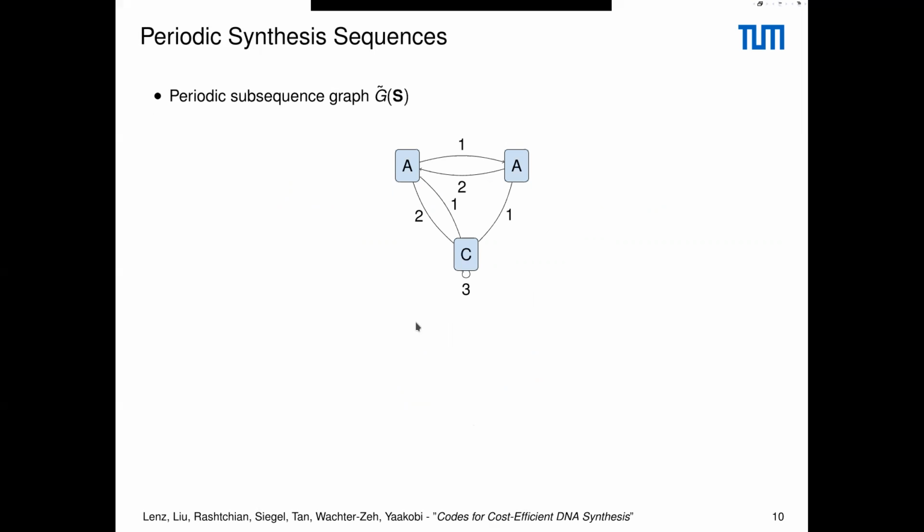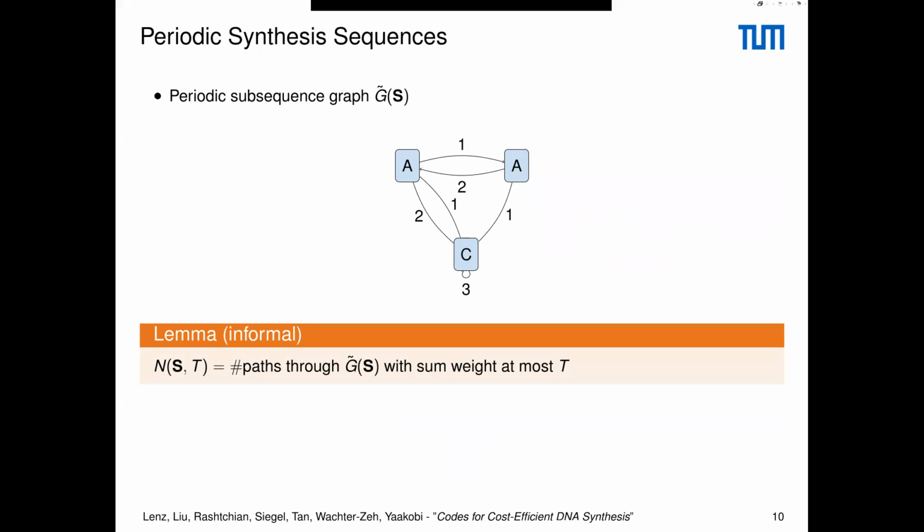All right. Now with this periodic synthesis graph, we can formulate the same lemma that we have for the non-periodic graph, which means that the size of the largest code is equal to the number of paths through G of S, but now with the difference that the sum weight of a path must be at most T. And with this, if we define edge weights tau of i,j to be the cost from vertex i to vertex j, then we can say that this periodic subsequence graph defines a cost constraint system.